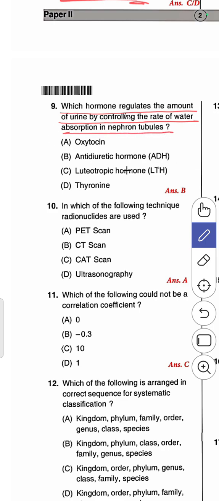That is ADH, the antidiuretic hormone, or we can call it vasopressin. This vasopressin or antidiuretic hormone is mainly released from the posterior pituitary, and this hormone helps in controlling the rate of water absorption in the nephron tubules. So B is the right answer.